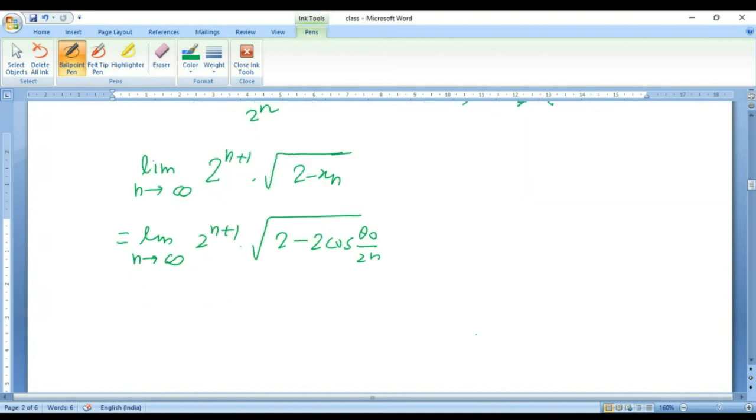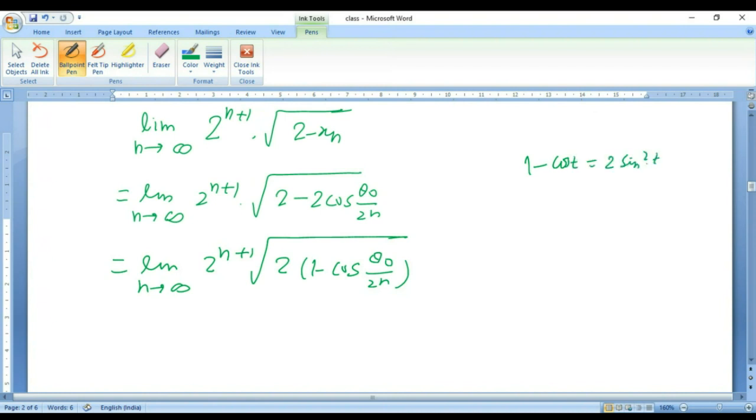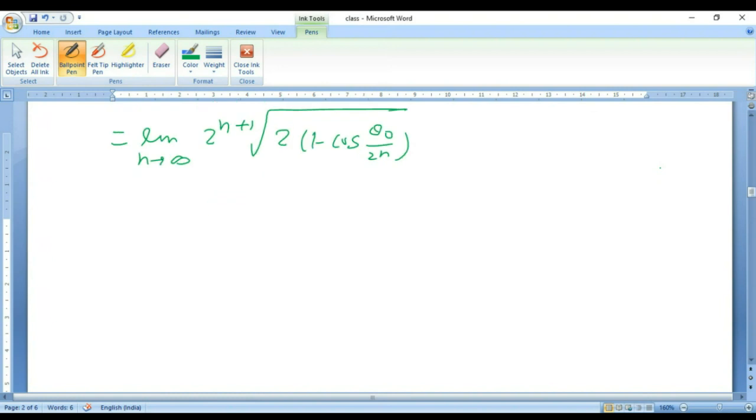And this expression becomes the limit of n tending to infinity of 2 to the power n plus 1 and 2 times 1 minus cos of theta naught over 2 to the power n. Now we use 1 minus cos t is 2 sine square t over 2. That will give you the limit of n tending to infinity of 2 to the power n plus 1 times 2 into 2. And this number becomes further sine squared theta naught over 2 to the power n plus 1.